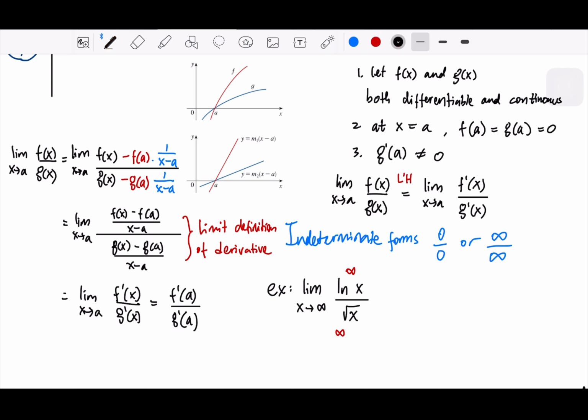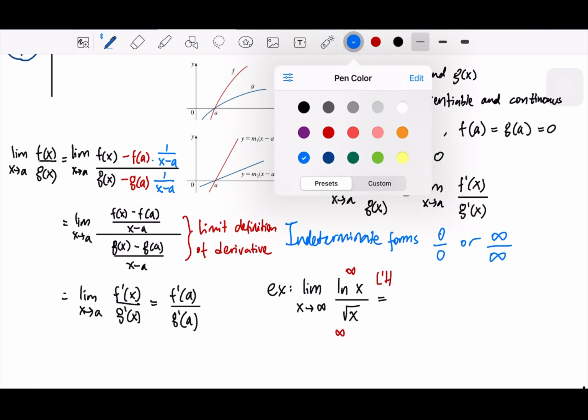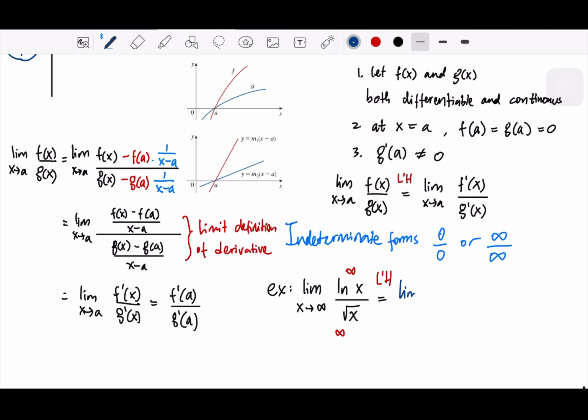So we can directly derive both equations, writing LH as the L'Hopital. So we can write limit, the top equation will be 1 over x, the bottom one will be 1 over 2 square root of x.